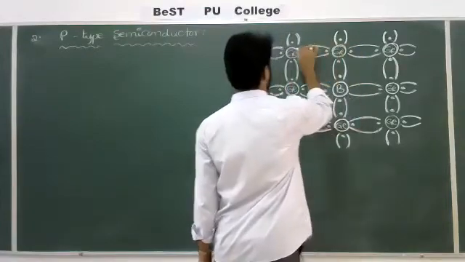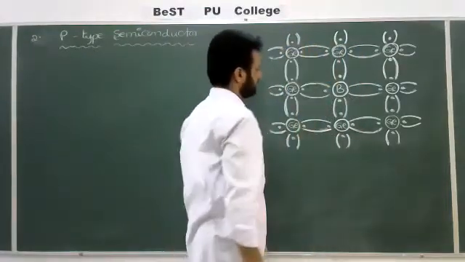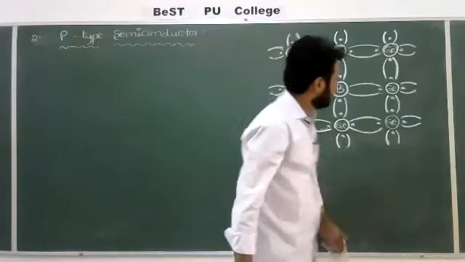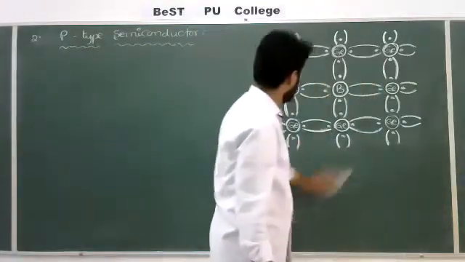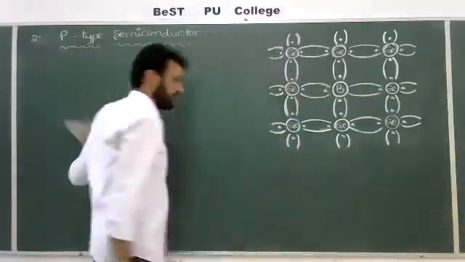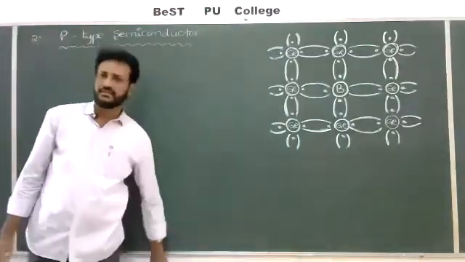So how can we write the definition for a p-type semiconductor? In the previous one, whatever points you have written, there will be just a modification you should write. What is a p-type semiconductor? A similar type of definition you should write.